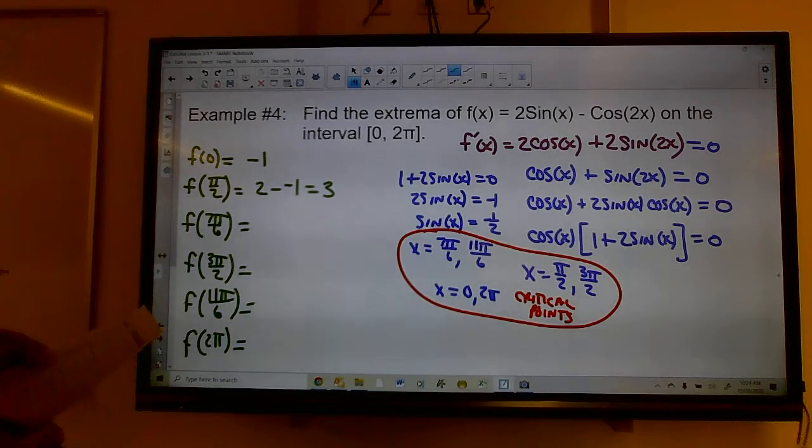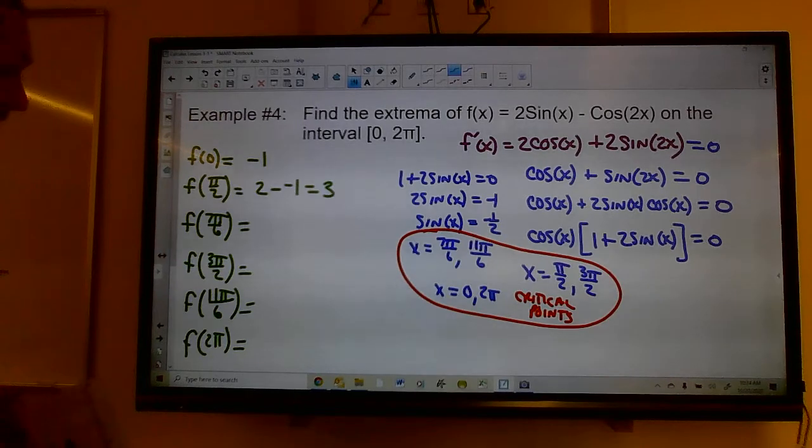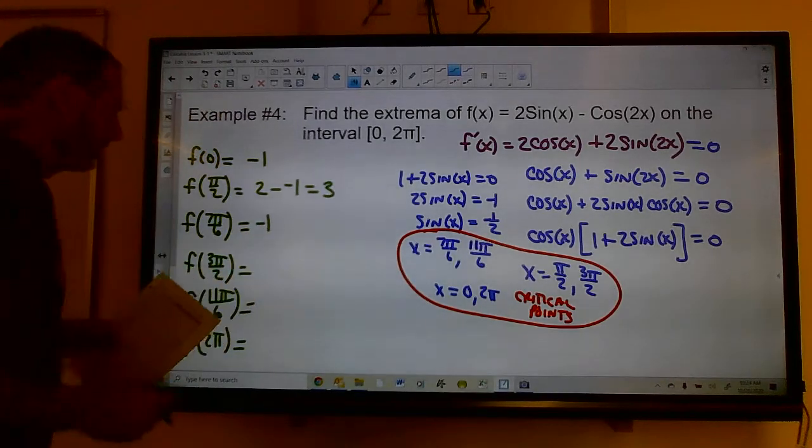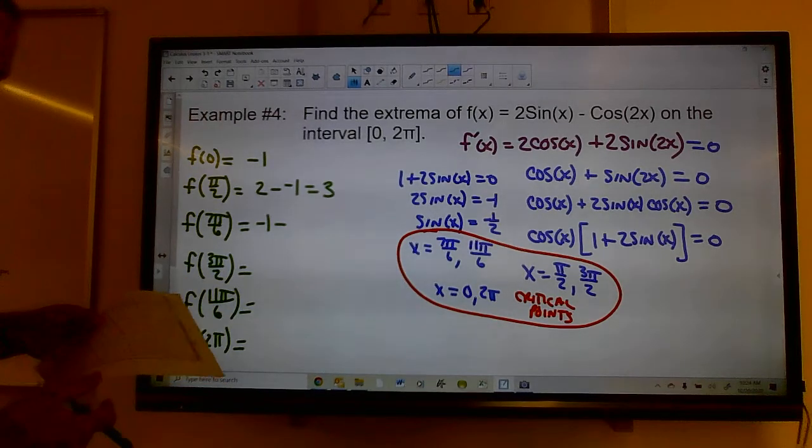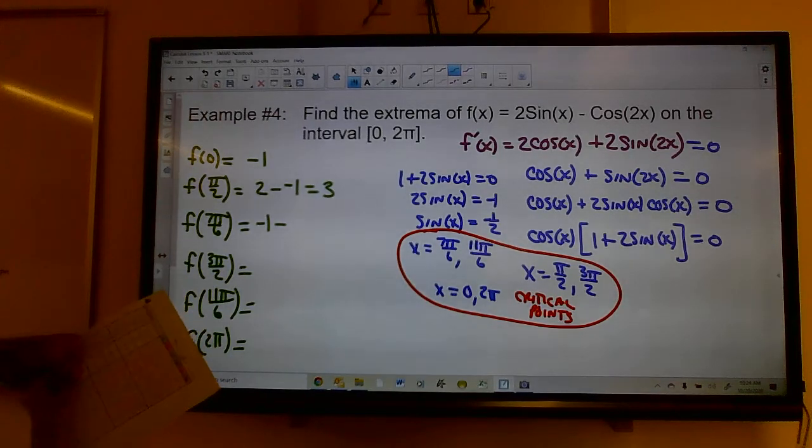F of 7 pi over 6, so sine of 7 pi over 6 is negative 1/2 times 2 is negative 1. Minus, let's see, 7 pi over 6 times 2 would be 14 pi over 6.